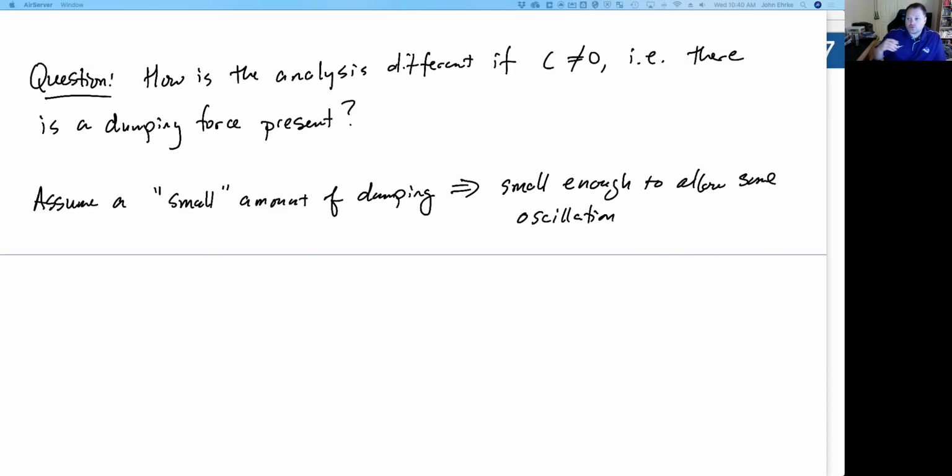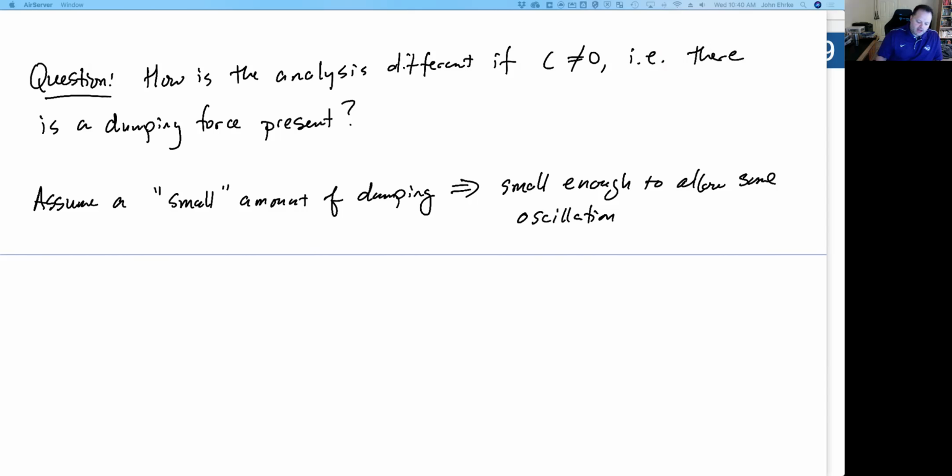Now, we're going to make this much more rigorous mathematically later in the course, like how much damping is too much, how much is not enough. But today I'm going to consider the situation where you have a little bit of damping, enough to where this thing doesn't oscillate back and forth forever because that's not realistically feasible, but just enough damping to eventually bring the mass to a standstill. Eventually the mass will reach some sort of equilibrium state.